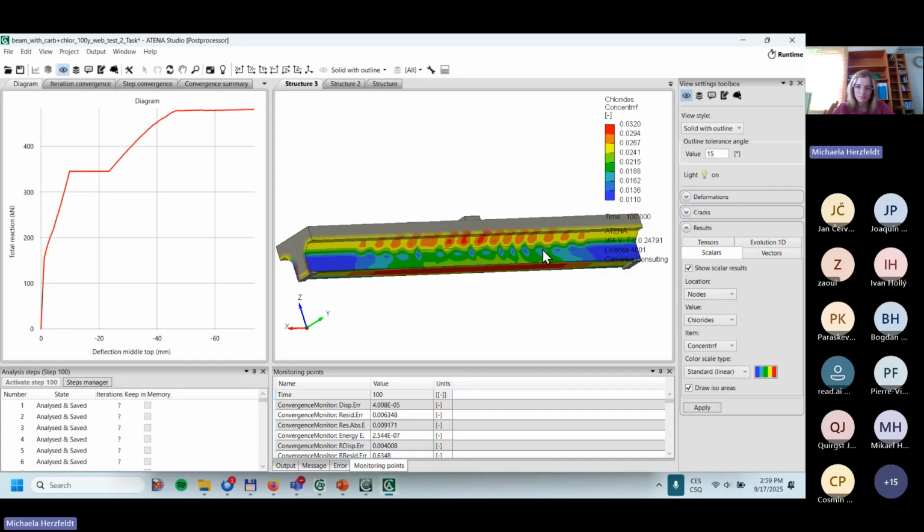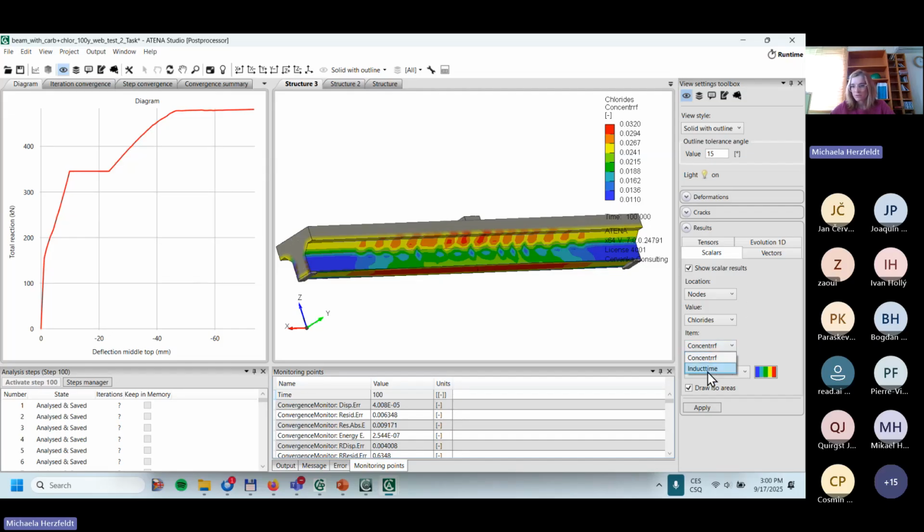It's highest on the surface and decreases as it penetrates. So the concentration in this case is the result at the concrete cover depth that you entered in the boundary conditions. So it shows the concentration of chlorides at the level of the concrete cover.